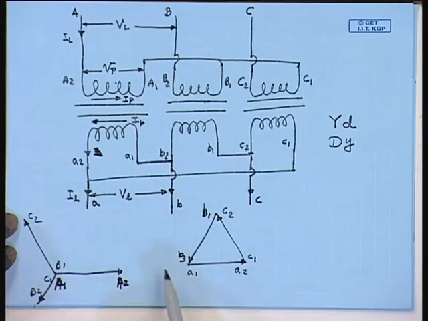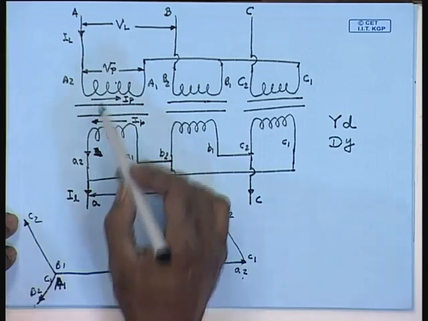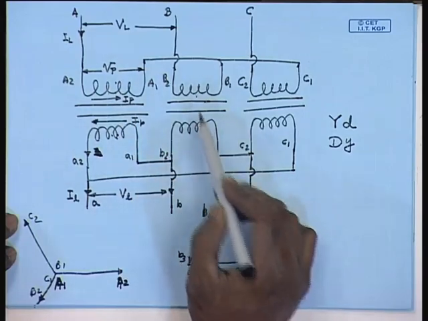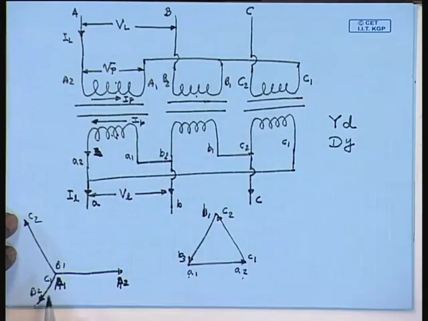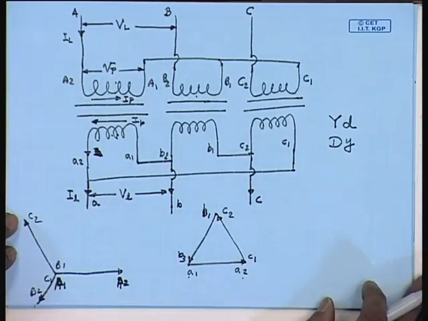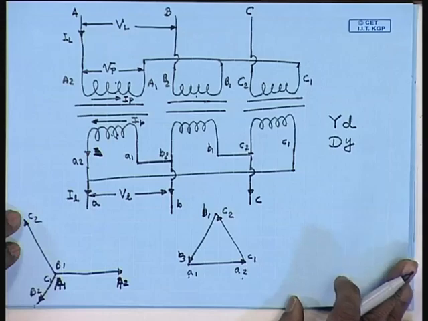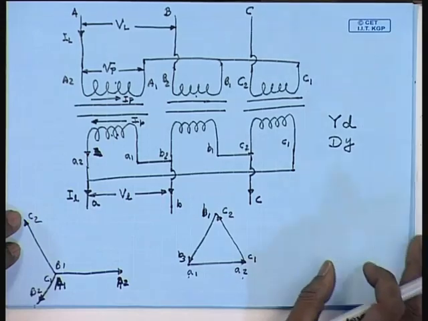So, we see that small a voltage a2 a1 is parallel to the voltage V capital A2 A1, since these two are coupled to each other, similarly for other phases. So, this is the phasor diagram of a star delta connected 3 phase transformer.